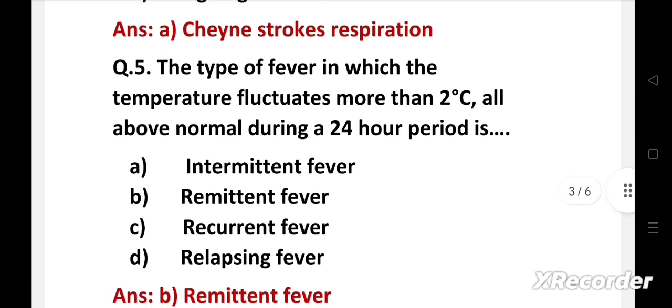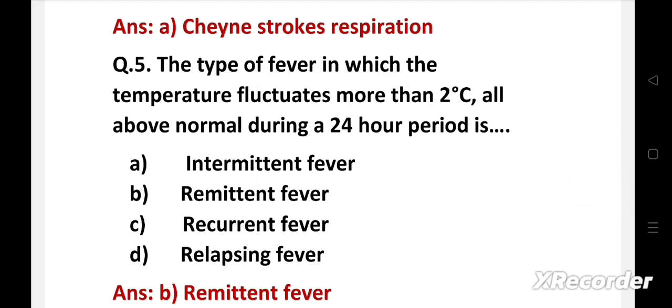Right answer is option B, remittent fever.